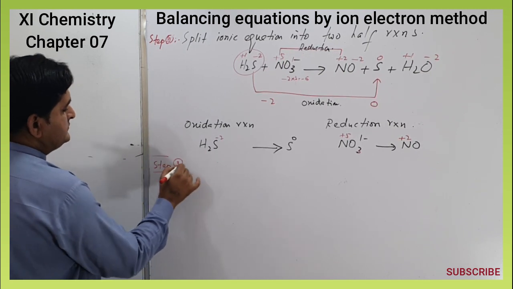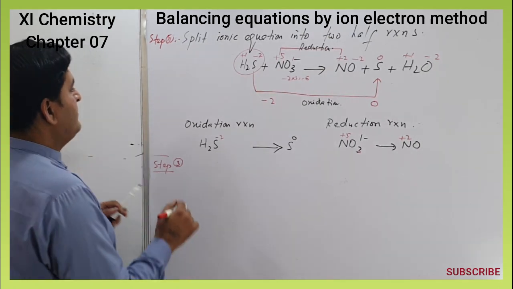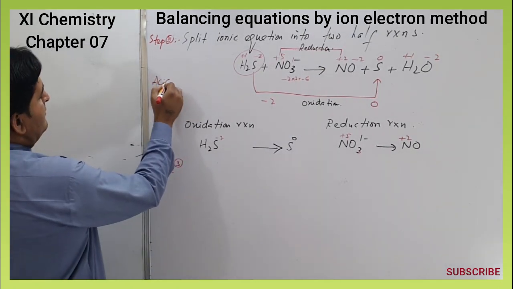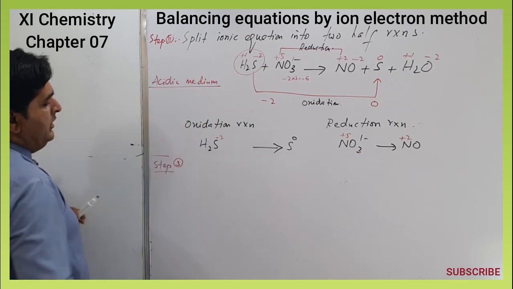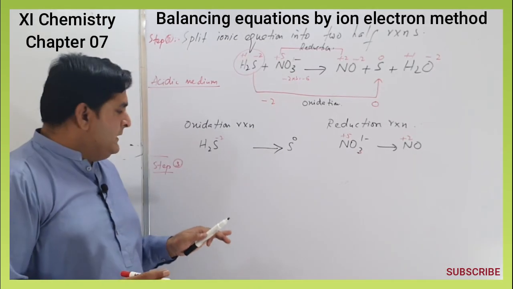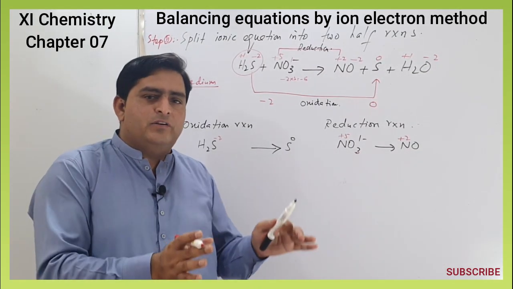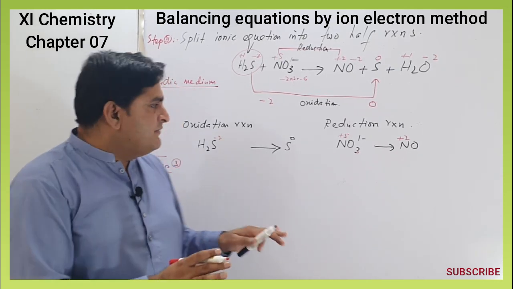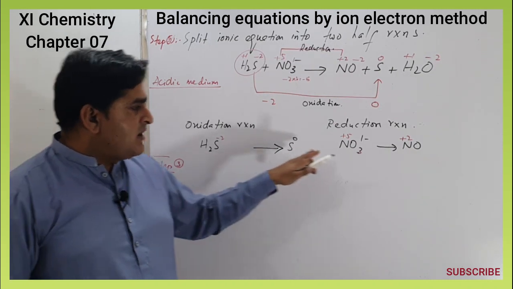In step 3, we are balancing the equation in acidic medium. In acidic medium, step 3 is what? We have to balance elements other than oxygen and hydrogen first. First we leave oxygen and hydrogen and we balance other elements such as sulfur and nitrogen.